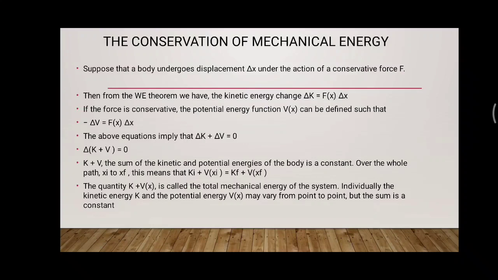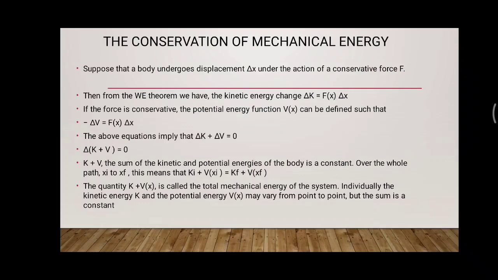This means Ki plus V of xi is equal to Kf plus V of xf. The kinetic energy at the initial point plus the potential energy at the initial point is equal to the kinetic energy at the final point plus the potential energy at the final point.